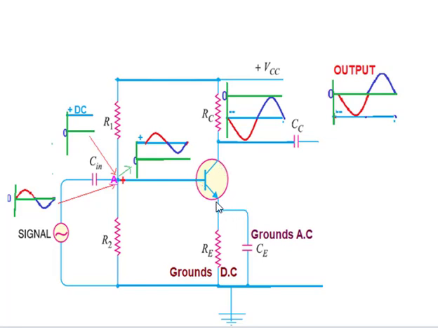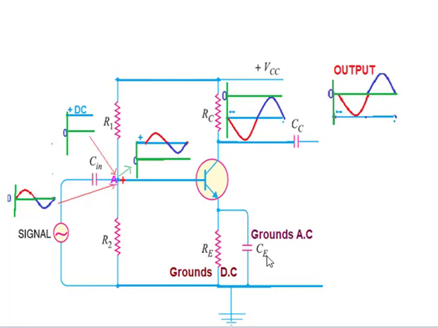See here, it is constructed in common emitter configuration, so the emitter is grounded here. The emitter is given a forward bias through the resistor RE. So RE is used to provide emitter bias, the biasing voltage to the emitter.